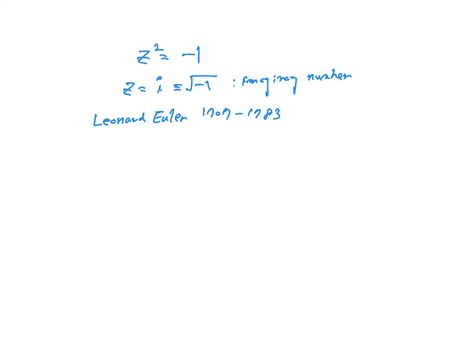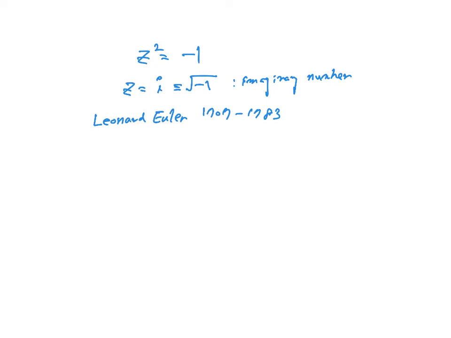So Euler is the first. Actually, there was another, not orthodox theory that 15th century Italian mathematicians already invented imaginary numbers. Maybe Da Vinci probably knew about that, but there is no historical record.